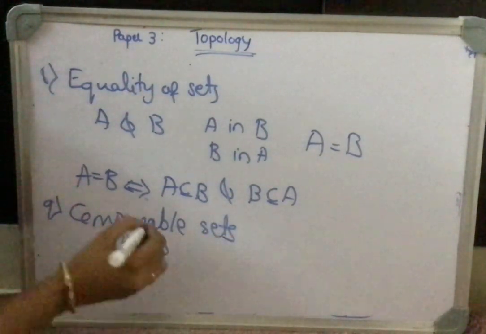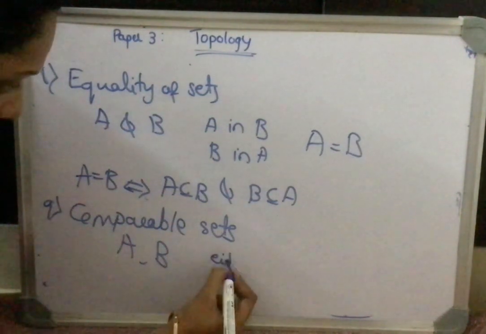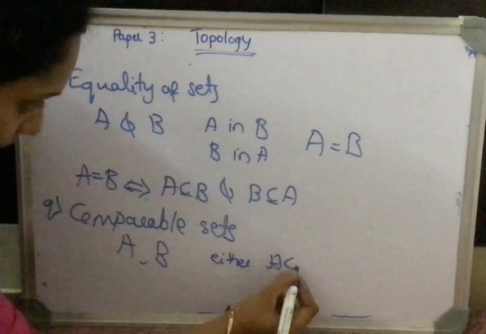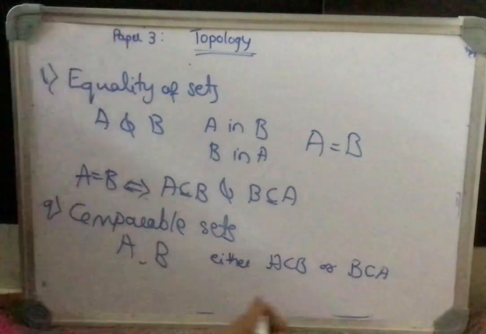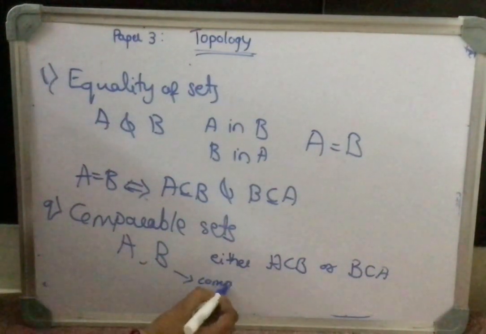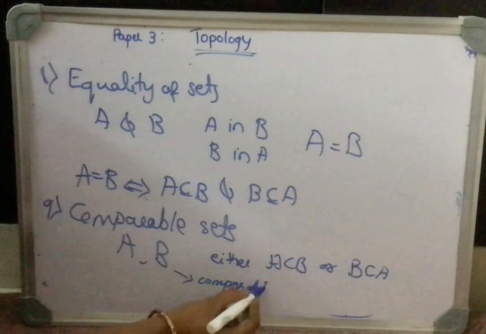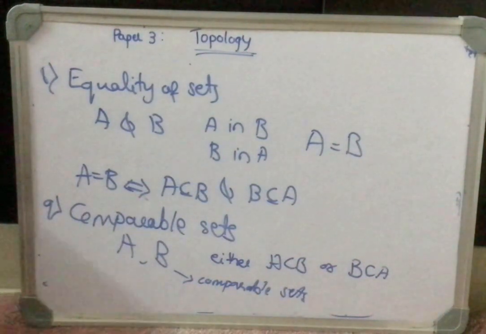If A and B are any two sets, either A is a subset of B or B is a subset of A, then A and B are said to be comparable sets. Okay.